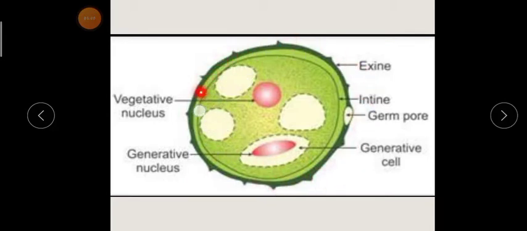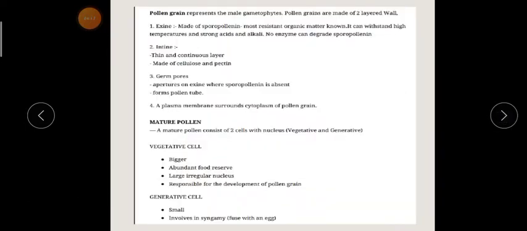So the outermost layer of the pollen grain must be very strong, so that it will protect the inner parts. That's why it is made up of sporopollenin, a very strong substance. It is not destroyed by temperature, acids or alkali, and no enzyme can degrade it.